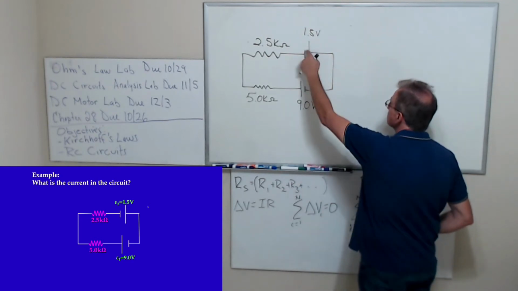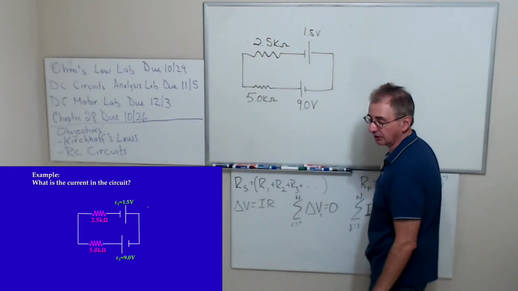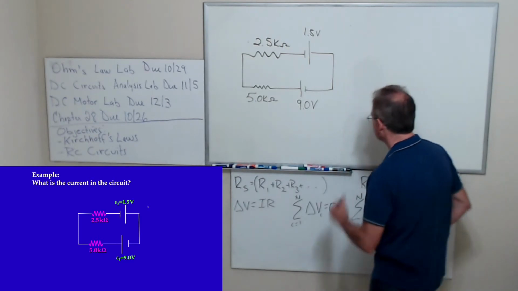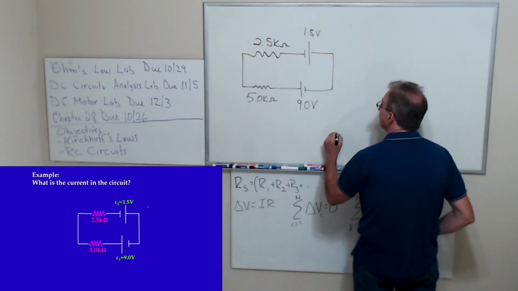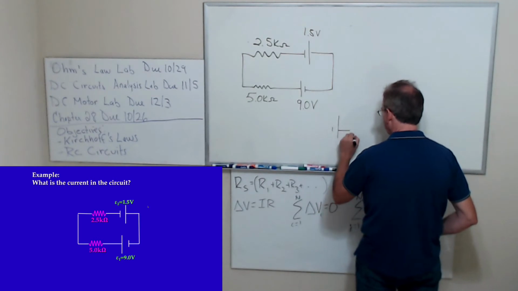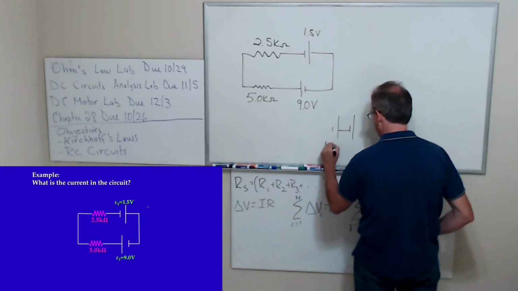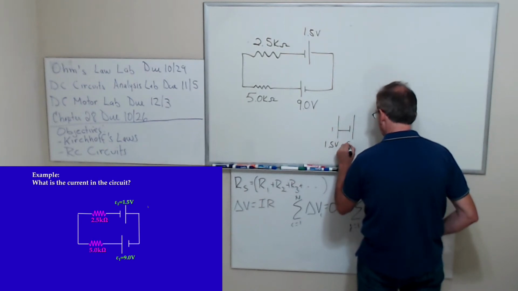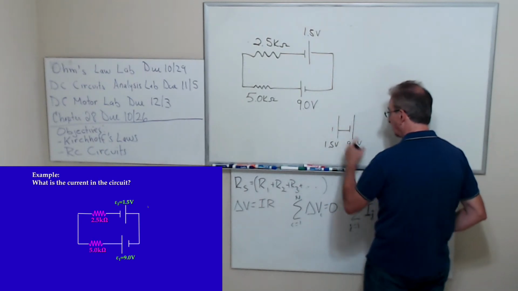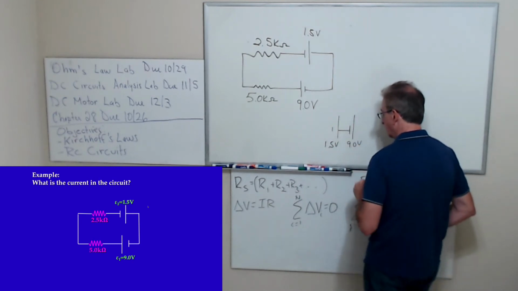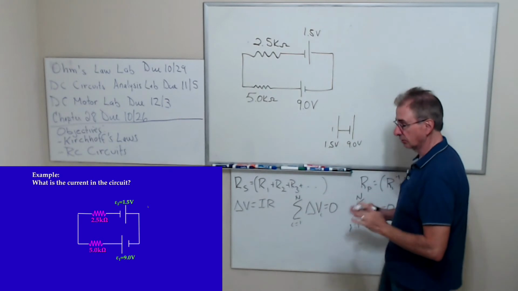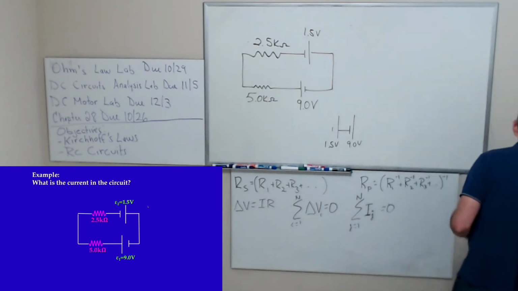So really, this is the same as a 10.5 volt battery, isn't it? Basically what you have is something like this. That's the same thing, right? So that's 10.5 volts. So I can replace those two with the 10.5 volt battery.